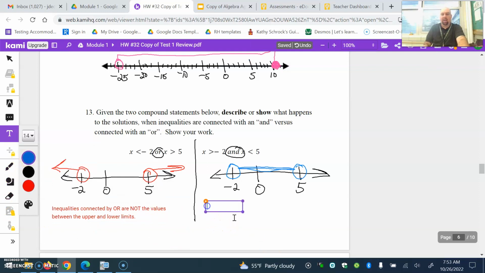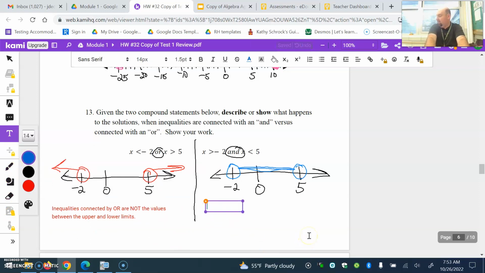If we're dealing with "and," inequalities connected by AND are all the values between the upper and lower limits.